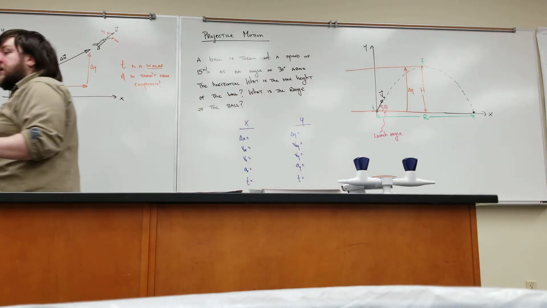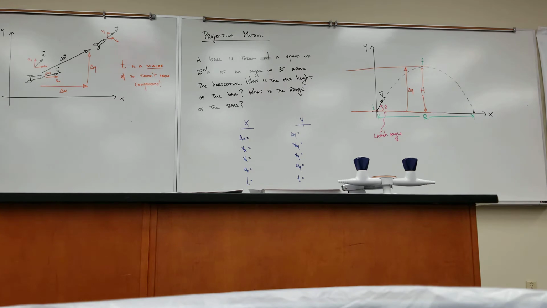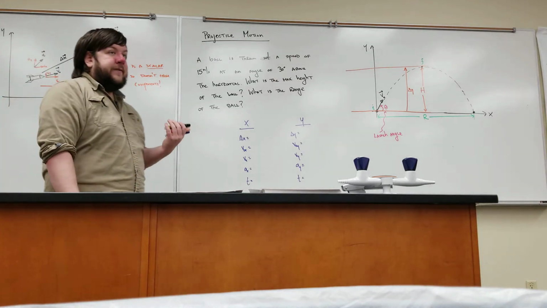Now, as the projectile is freely moving through the air, there are only two possible accelerations that you could think of. There's gravity, which acts downward, and then there's air resistance. But I've talked about air resistance before. It's not a constant acceleration. Air resistance changes with the speed of an object.